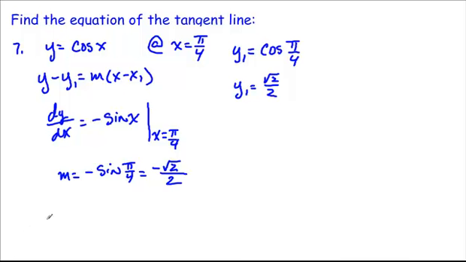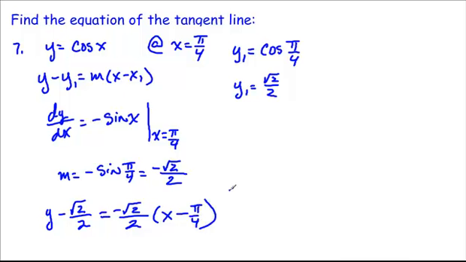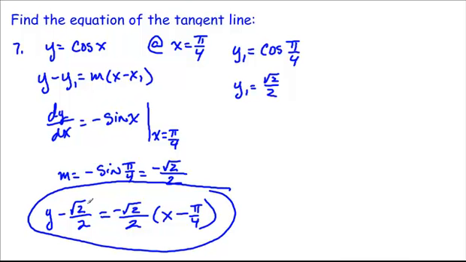So the equation of our tangent line is y minus radical 2 over 2 equals the slope times x minus pi over 4. Simple equation of a tangent line.